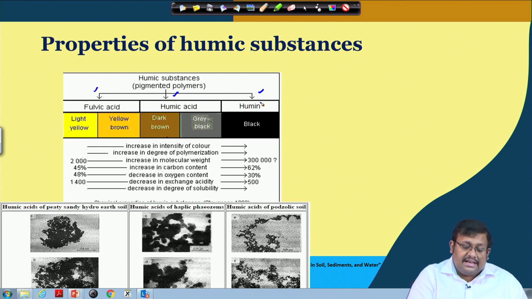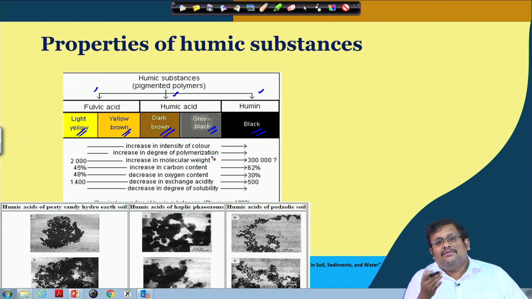The color of fulvic acid varies from light yellow to yellowish brown, whereas the color of humic acid varies from dark brown to grey black, and humin is pure black. As we go from fulvic acid to humic acid to humin, the intensity of the color is continuously increasing, and so is the degree of polymerization. Obviously, the structure of humic acid is more complex than that of fulvic acid, and the structure of humin is more complex than that of humic acid.